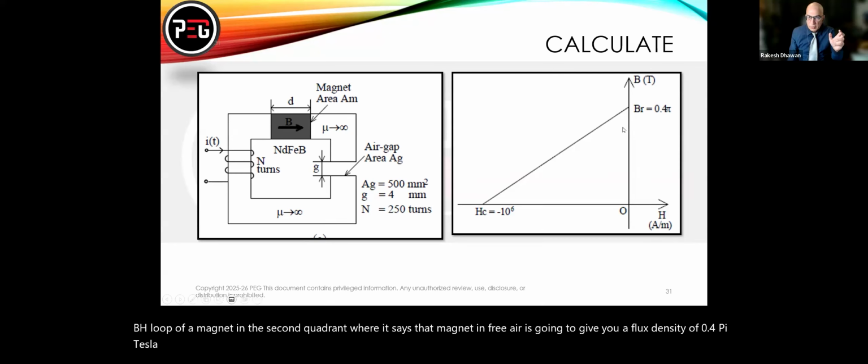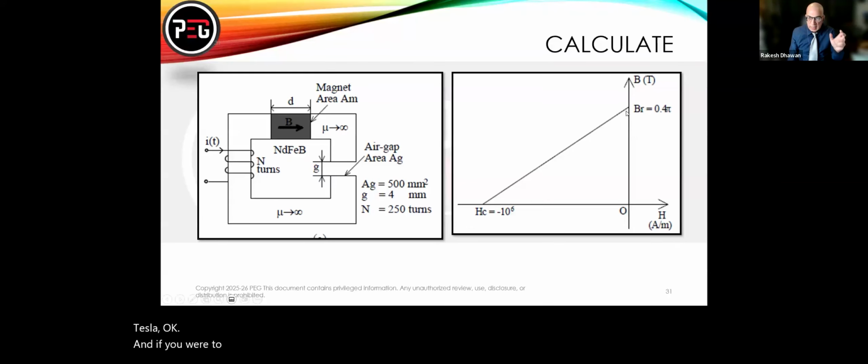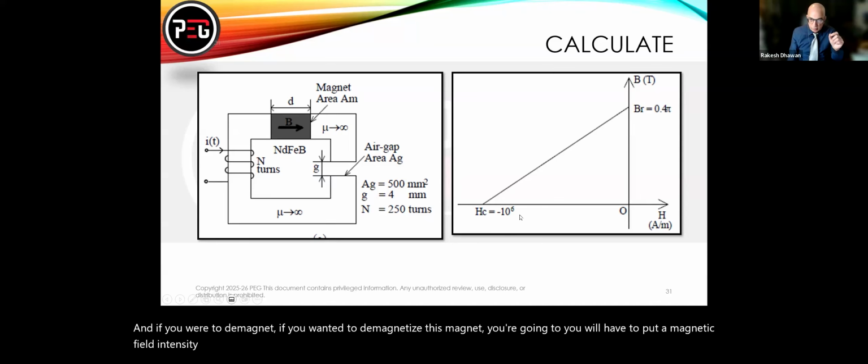And if you wanted to demagnetize this magnet, you will have to apply a magnetic field intensity of minus 10 to the power 6. Then the B will go to 0, right?